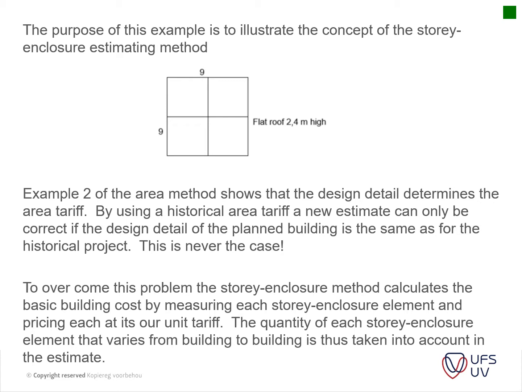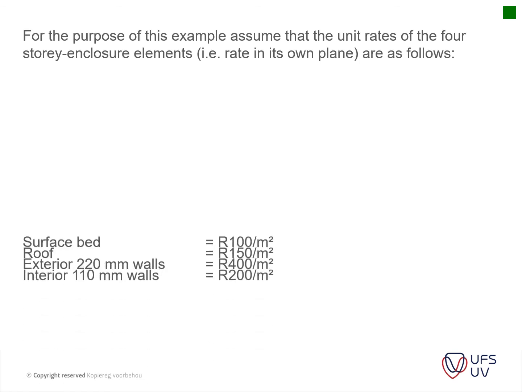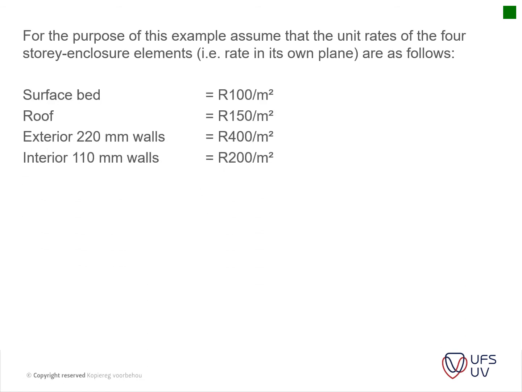The quantity of each story enclosure element that varies from building to building is thus taken into account in the estimate. Okay, so for the purpose of this example, assume that the unit rates of the 4 story enclosure elements, i.e. the rates in its own plane, are as follows. So this is the historical data of the building.